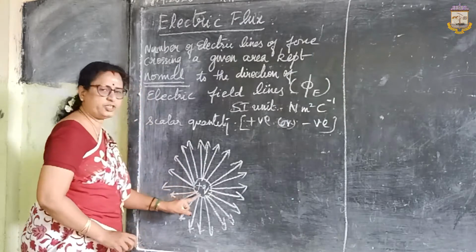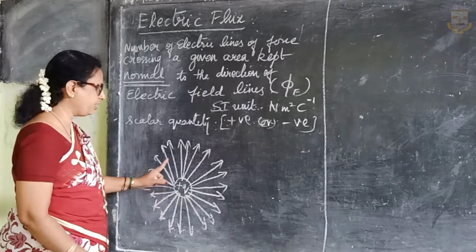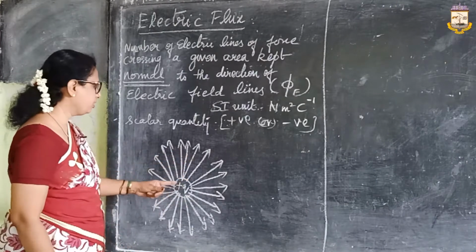So, from a point charge, positive charge plus Q, the electric lines of force emanate outside equally in all directions.